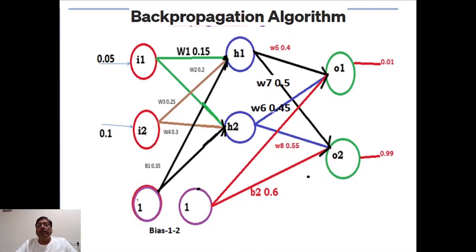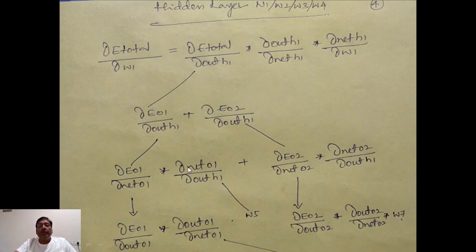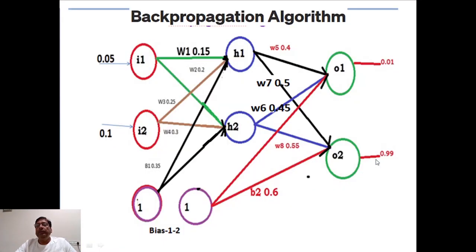Here you need to consider two things: where do you get the input for O1 from? It is from H1. And what connects the H1 and O1 nodes? It is nothing but W5. So this particular step I will replace with W5, and similarly net O2 upon out H1 I am going to replace.